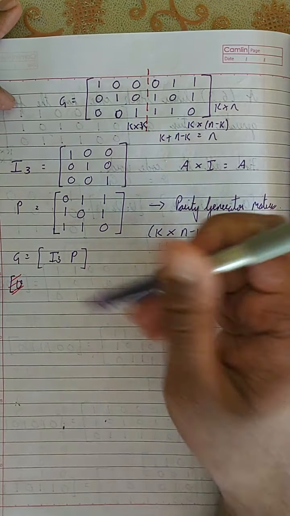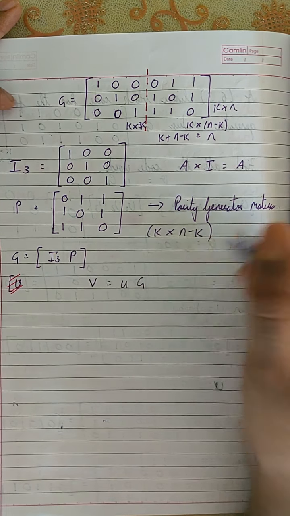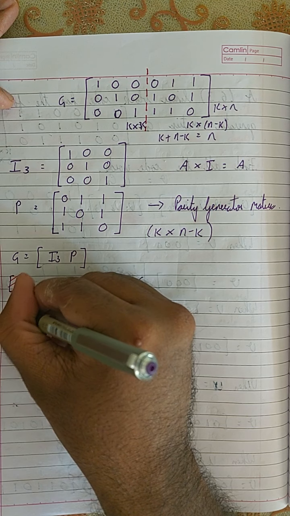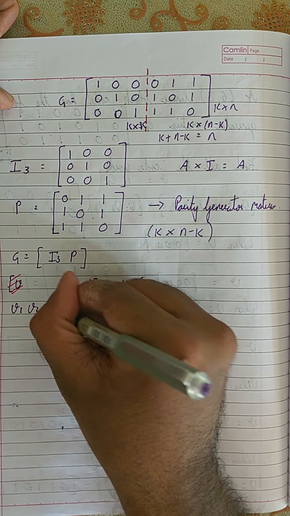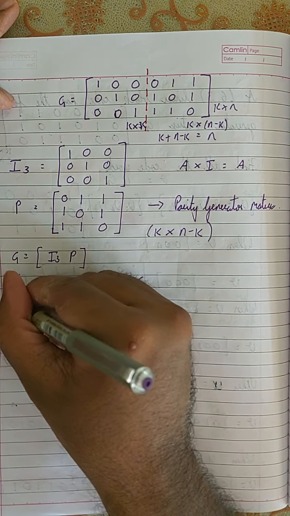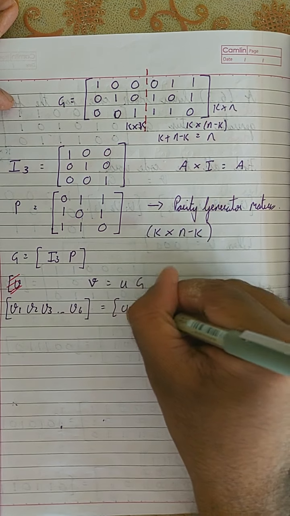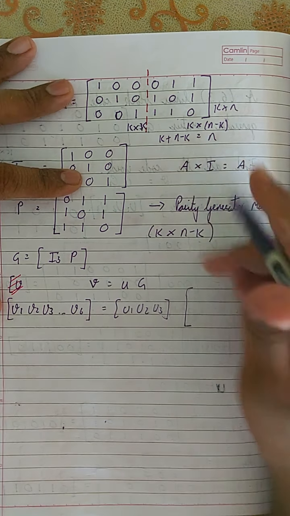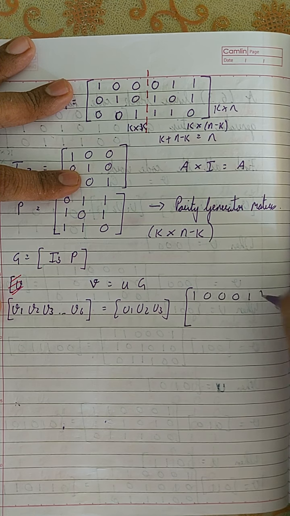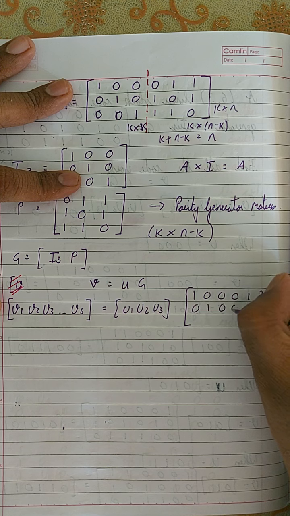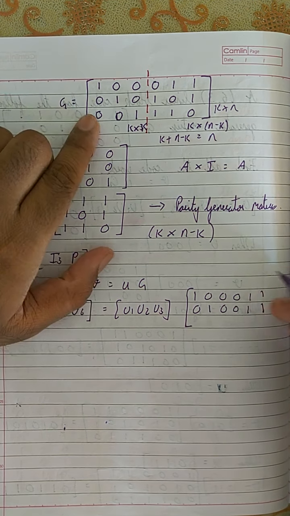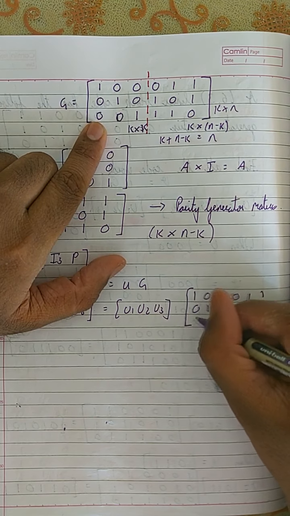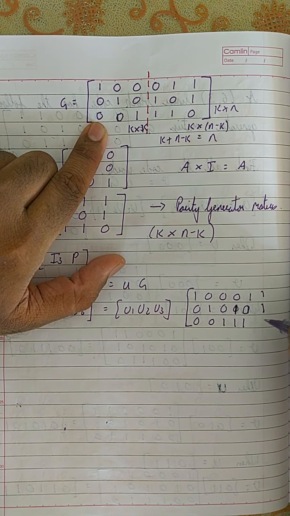In other words, small letter v is equal to U into G. We can say that V1, V2, V3 up to V6 is equal to U1, U2, U3 multiplied by the matrix G, whose rows are 1, 0, 0, 0, 1, 1; 0, 1, 0, 1, 0, 1; 0, 0, 1, 1, 1, 0.